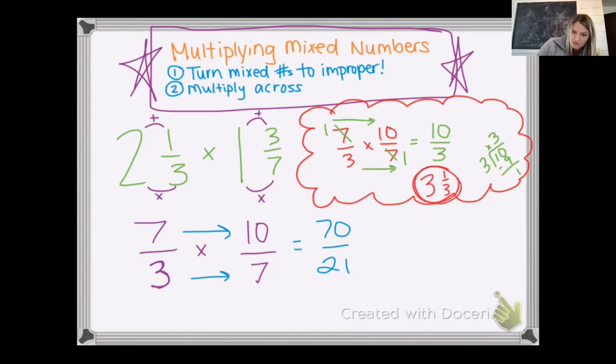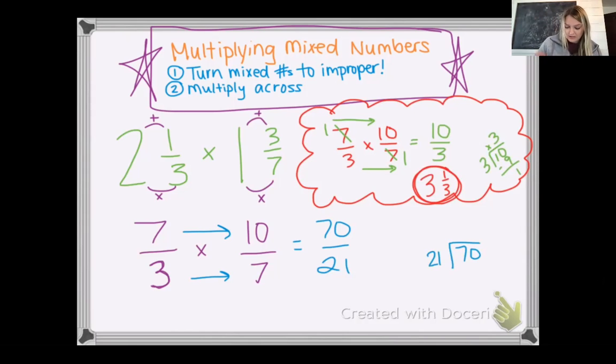Okay. Now let's see if we get the same answer for 70/21. It should, right? So if we did this properly, we should get the same answer. So if I'm going to simplify 70/21, I'm going to take 70, divide it by 21, and it's like starting to sweat. Those are big numbers, right?